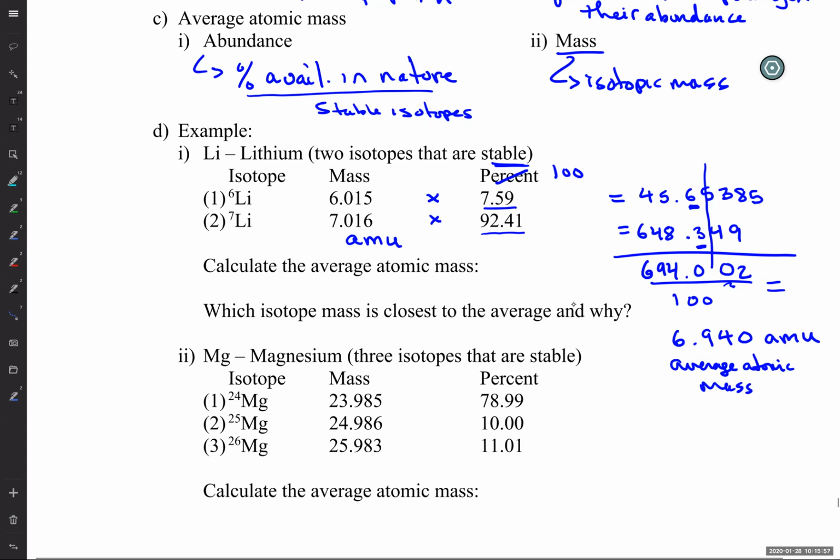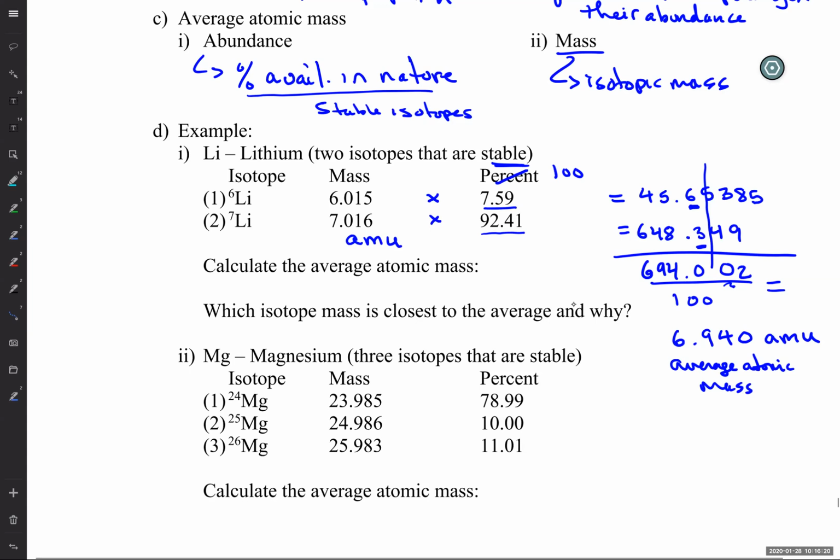This is a calculation of the average atomic mass. It's closest to lithium-7, which is 7, and this is 6.9, simply because it's a bigger percentage of the total. Whichever isotope is the highest percent abundance in nature is the one that the average comes out closest to.